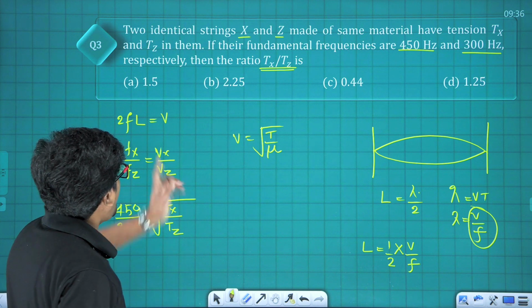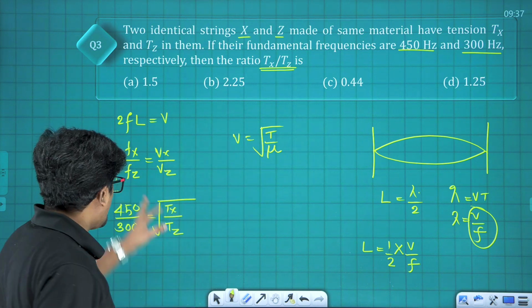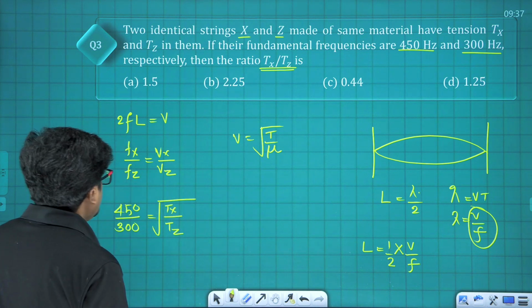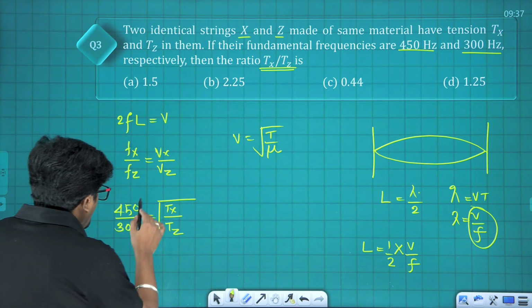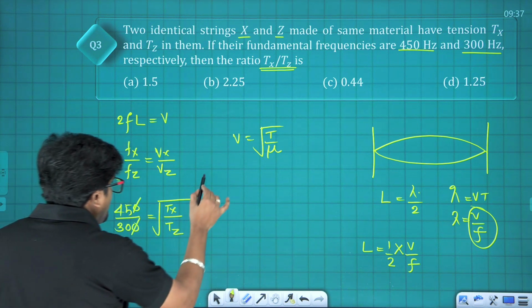Since the strings are identical, mu is going to be the same for both. Of course, this one and this one will cancel each other.